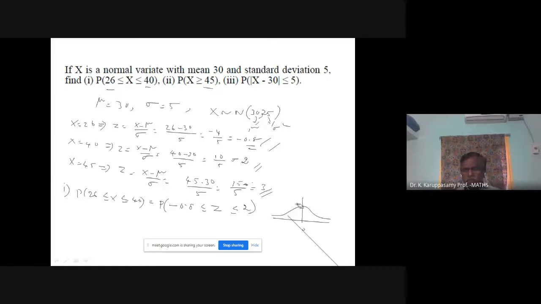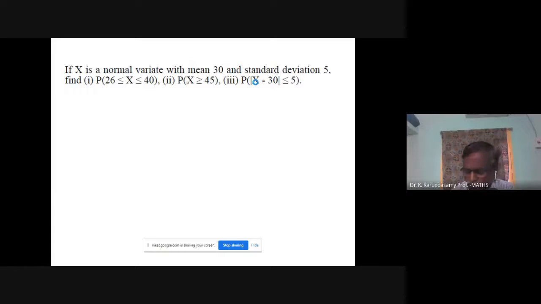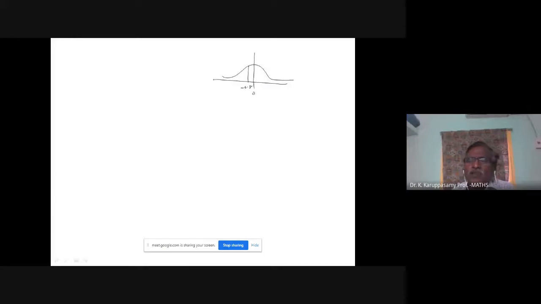Minus 0.8 to 2. Zero. This point is minus 0.8, up to 2. So the 2 will be at this place.